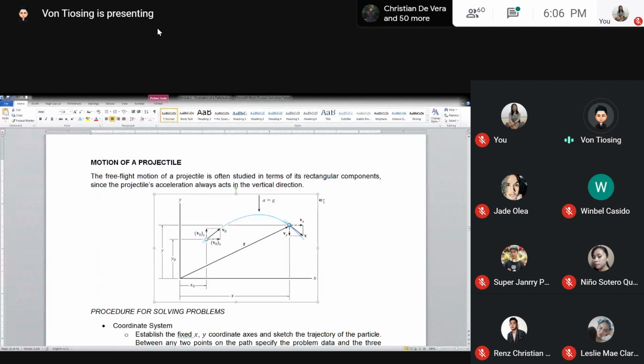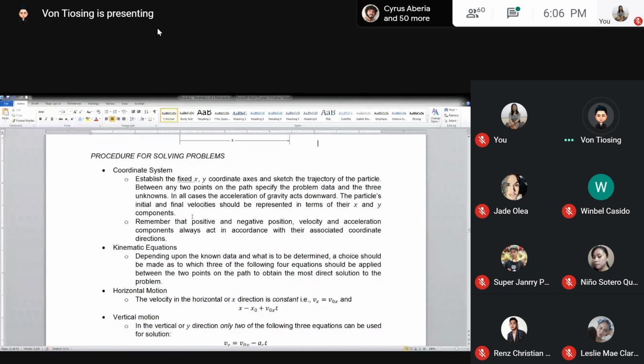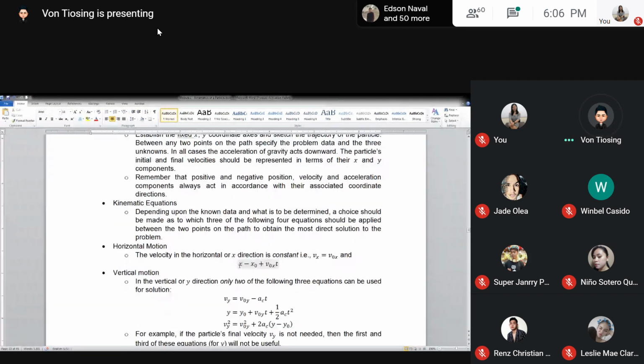Pero take note, dahil ang assumption natin ng positive direction ay pataas, ang effect ng gravity dito ay negative. Okay? So, basahin nyo na lang ito.